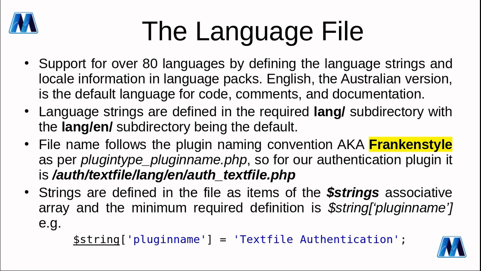Strings are defined as items of a $string associative array, and the minimum required definition for nearly absolutely all plugins is the string pluginname, which gives the name that's used when the plugin is being installed or uninstalled, etc.